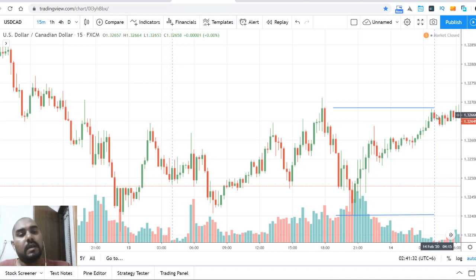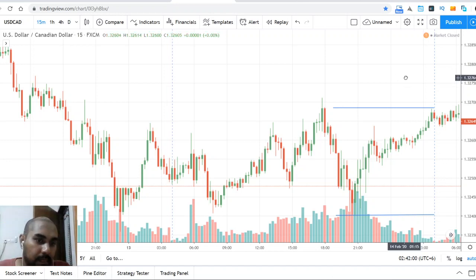And after that, the sellers can't bring it down anymore. As I just watched in the last video lesson, if this is the case, we should be getting ready for our buys. But I still need a breakout.